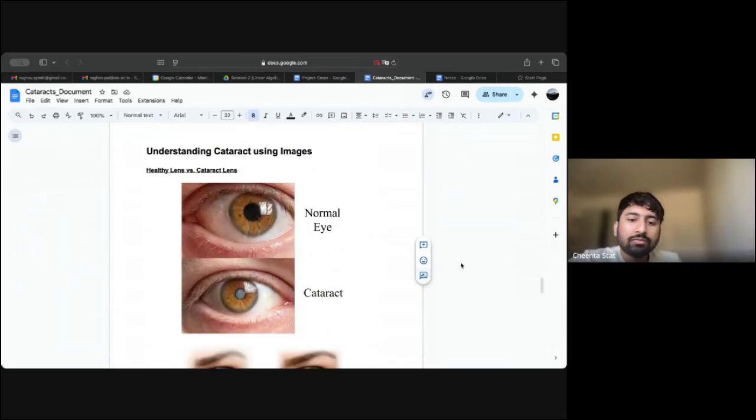So let's say you're a doctor. How will you look into this? Tell me the process. You have this normal patient image. Tell me the process you are actually doing inside your brain to see which is cataract or not. Whenever there's a big problem, try to find the simplest problem. Tell me the simplest thing you do with your eyes and mind to detect between cataract and normal eye using the image.